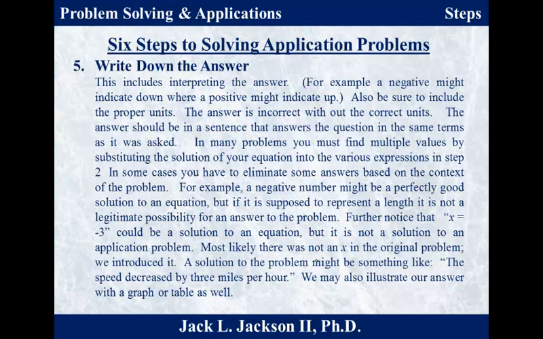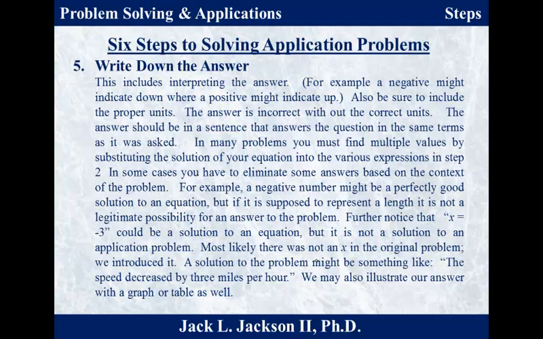Sometimes we might even have to eliminate answers. Sometimes this doesn't happen for linear equations, but maybe for some types of equations we might look at later, there might be multiple possible answers. Maybe you have a positive answer and a negative answer, say for a quadratic application, for example.